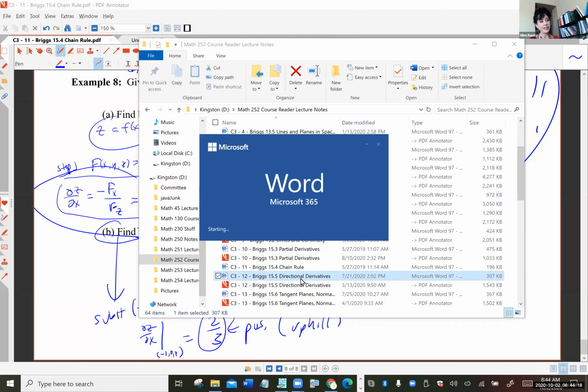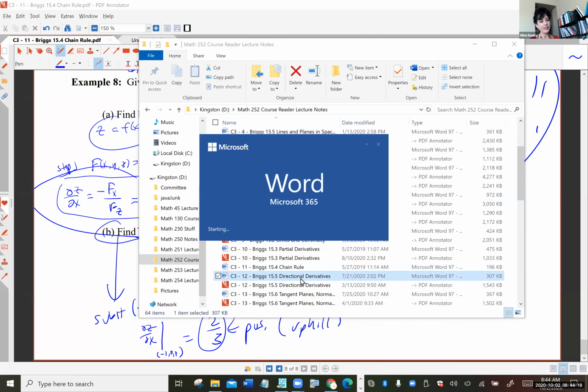Okay, so I'm not going to do that, but if you did do all that, and the direction vector that you're looking at is a unit vector, so its magnitude is 1, and the angle that it makes with the positive x-axis is known, you would then have your limit definition of the directional derivative.